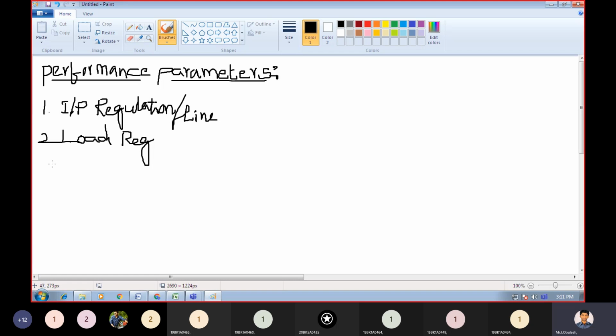Then the third one is ripple rejection. And the fourth one is current source.